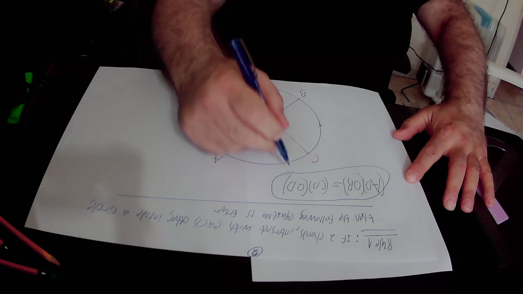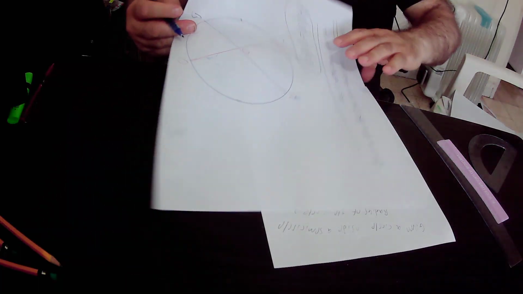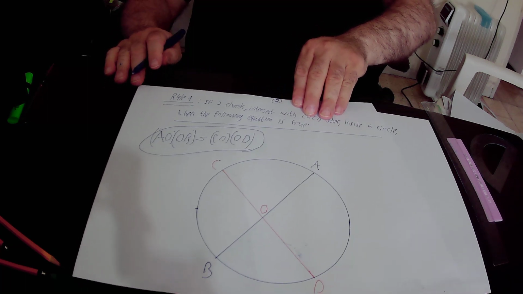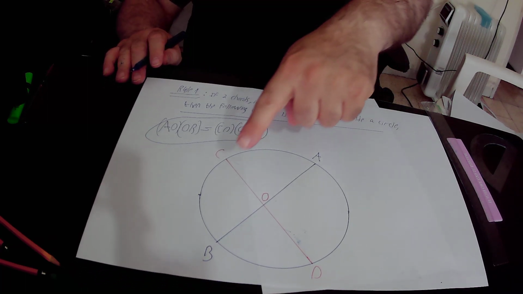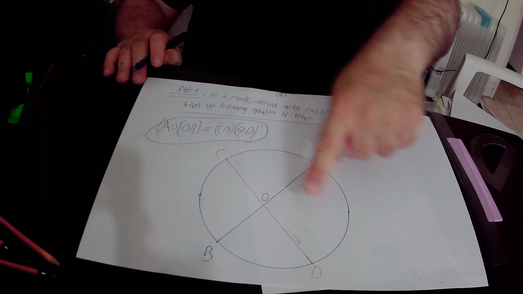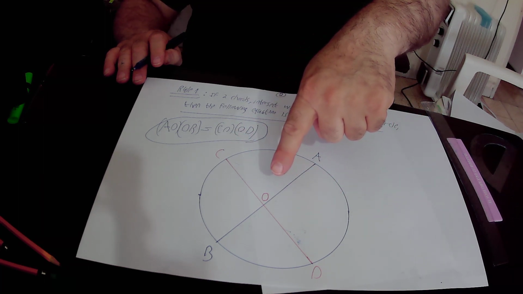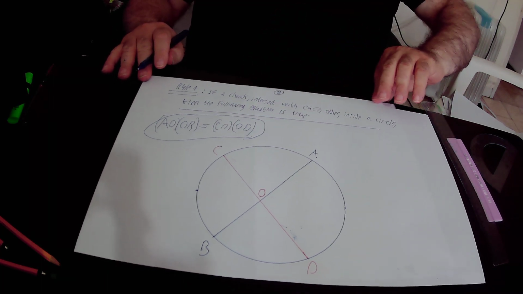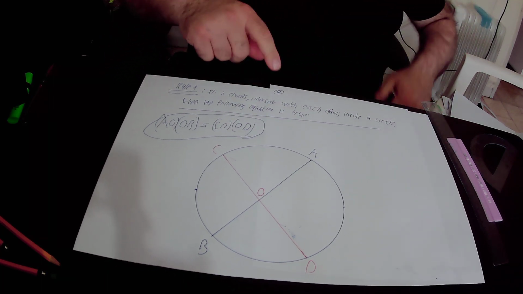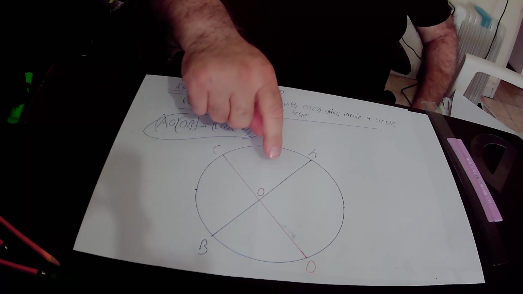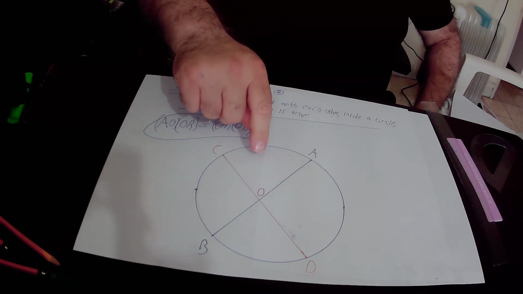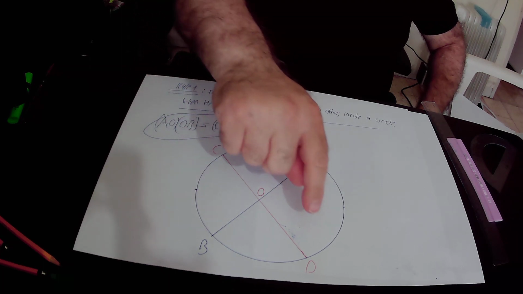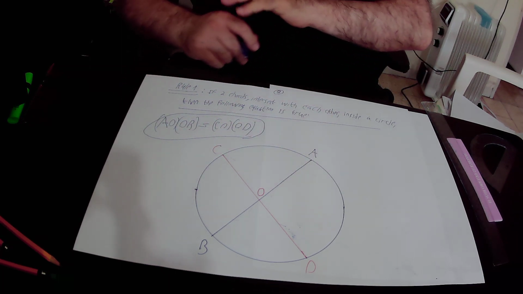I will repeat again. According to rule number 1, if chord AB intersects with chord CD at point O, the intersection point, then we will get that AO times OB equals CO times OD. Okay?